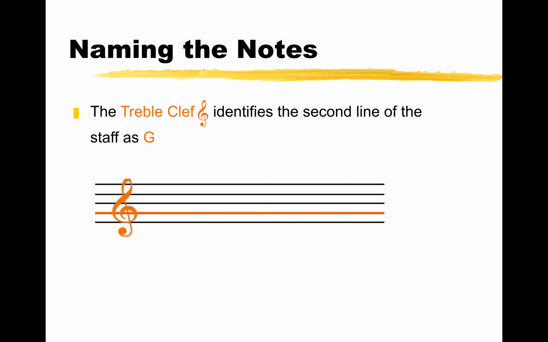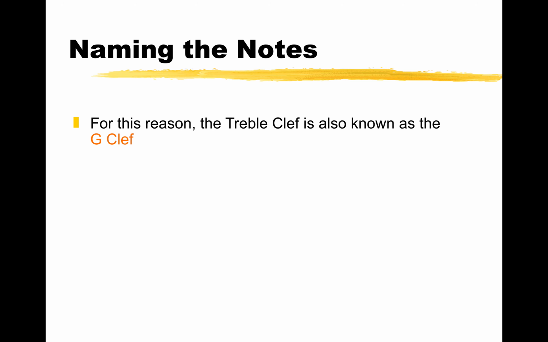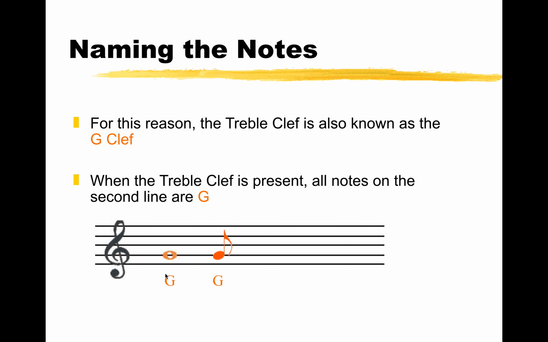The treble clef says that the second line is G. And you can kind of see how it curls around that second line here. Sometimes we call the treble clef the G-Clef. And we'll look at some G's. So any note on that second line is a G. There's different kinds of notes, but these notes are all G's.